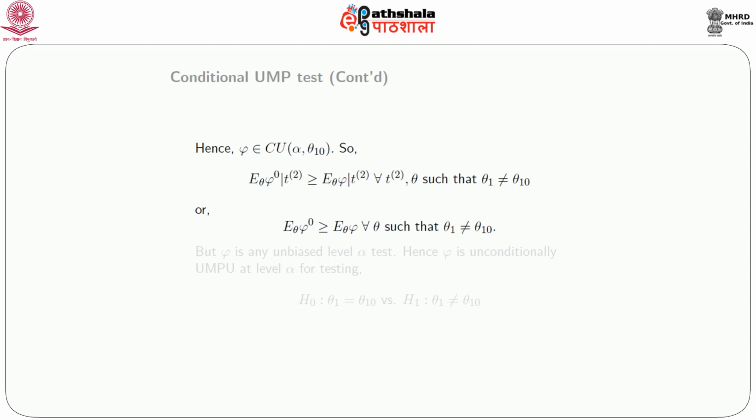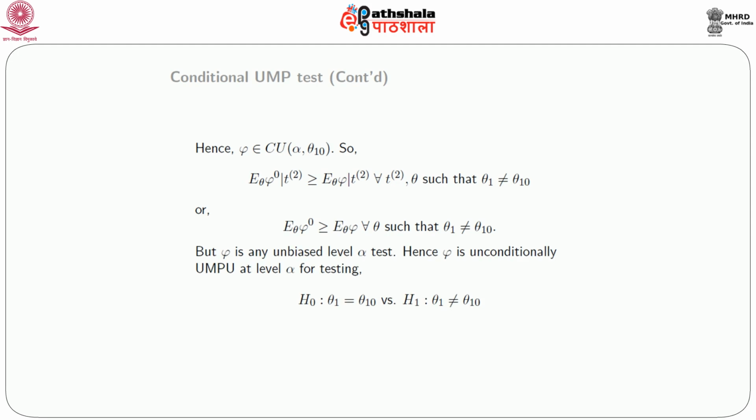So the expectation of phi naught given T2 is greater than or equal to the expectation of phi given T2 for all T2 and for all theta such that theta 1 is not equal to theta 1 naught, or the expectation of phi naught is greater than or equal to the expectation of phi for all theta such that theta 1 is not equal to theta 1 naught.